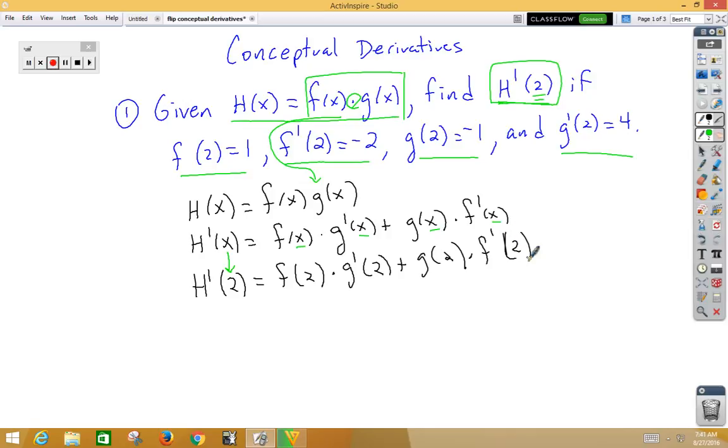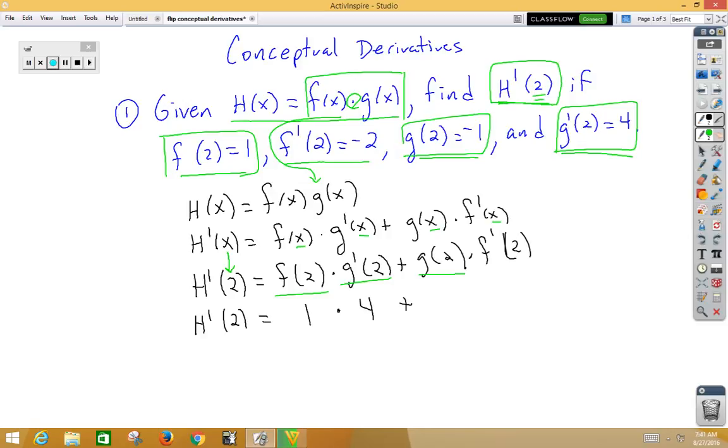Now let's look up in the directions, and we're going to find numeric values for all of these pieces. f of 2 is defined as 1. So h prime of 2 is equal to 1 multiplied by g prime of 2, which is over here and is defined as a 4. So 4 plus g of 2 in the directions is negative 1.